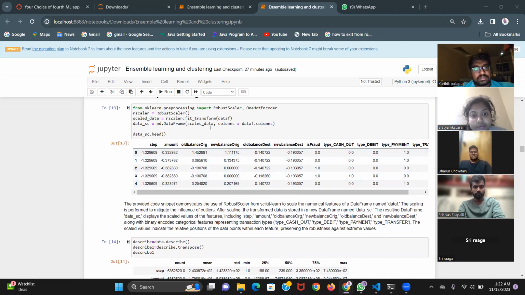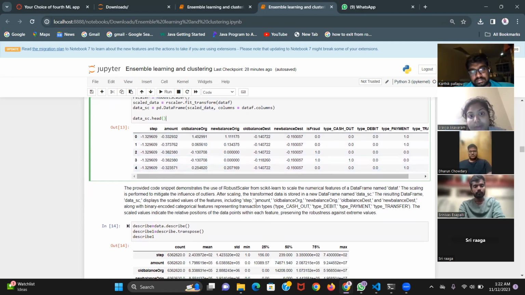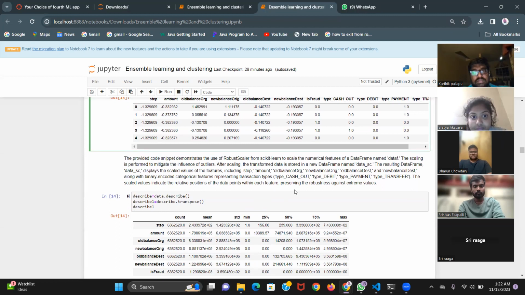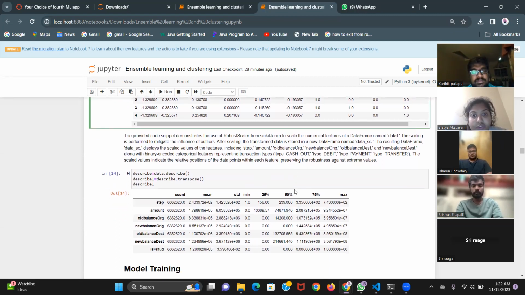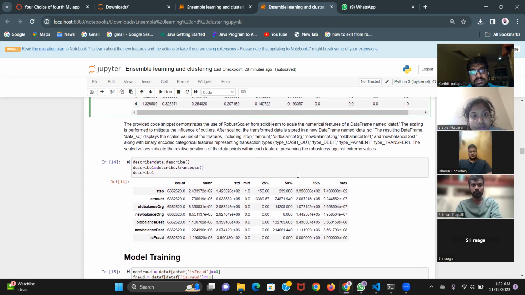The resulting data frame displays the scaled values of the features, including all the columns like step, amount, old balance, etc. The scaled values indicate the relative positions of the data points within each feature, preserving the robustness against extreme values.